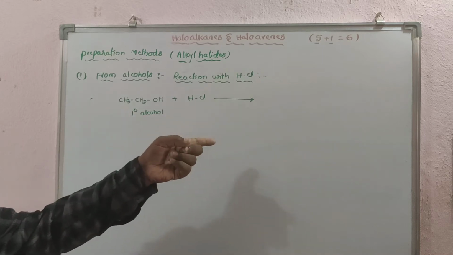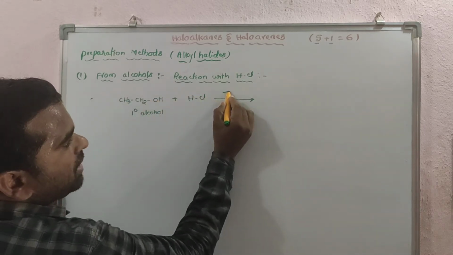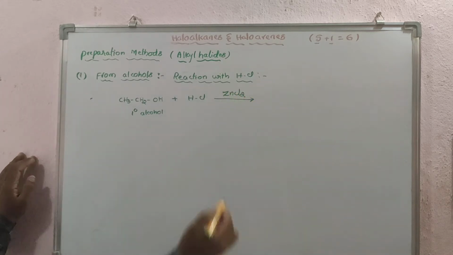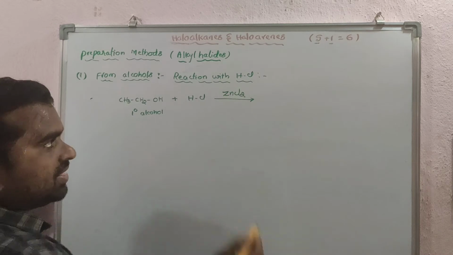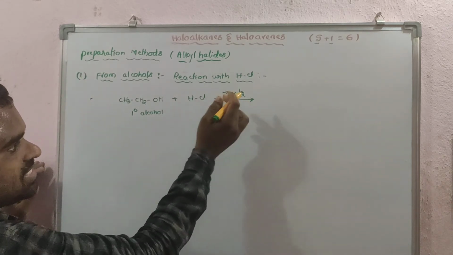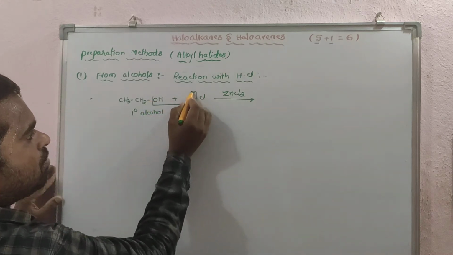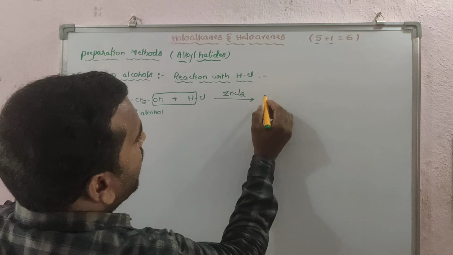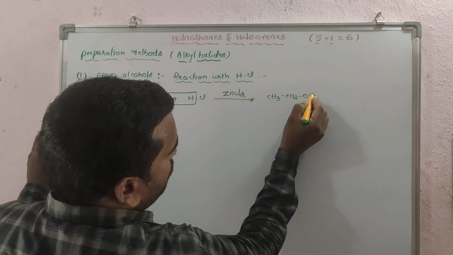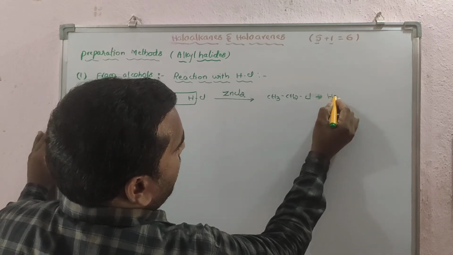Both are less reactive, so we need a catalyst here. The catalyst we have used is zinc chloride. The catalyst increases the rate of reaction, removing H2O, and you will get CH3CH2Cl and H2O.